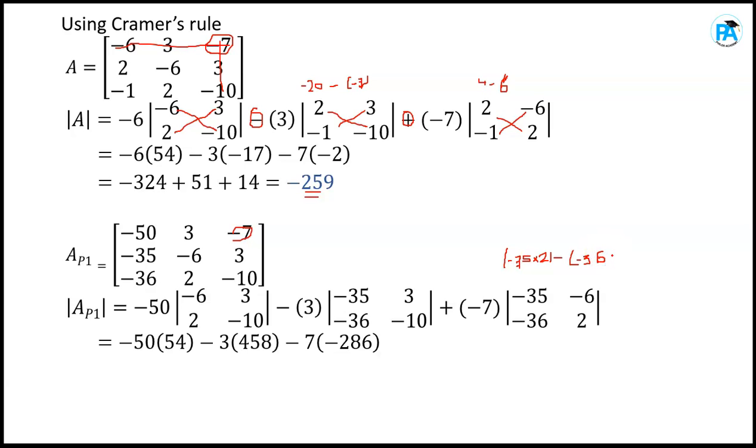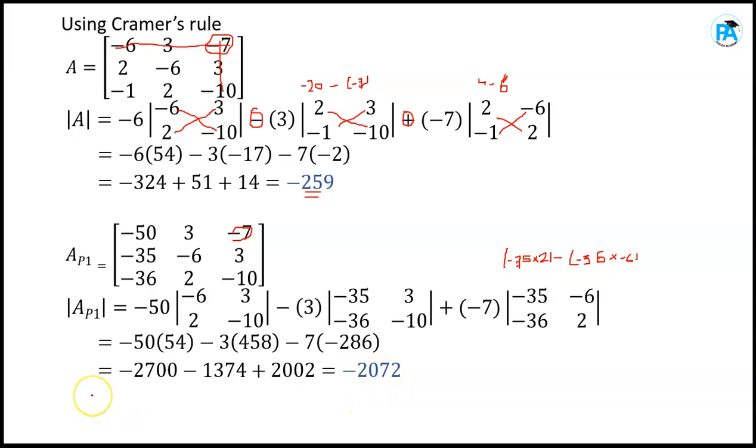We are on the last one. So minus 7 times negative 35 times 2, minus negative 36 times negative 6. Fix it on your calculator as such. You will get negative 286 for this. So you just simplify. You can fix this on your calculator straightforward, then you get negative 2071.